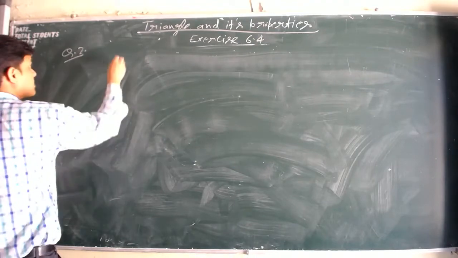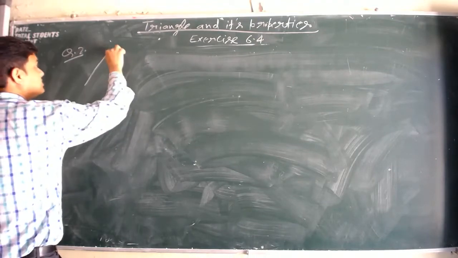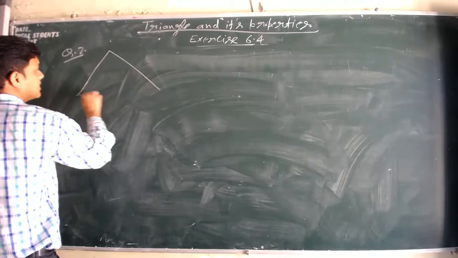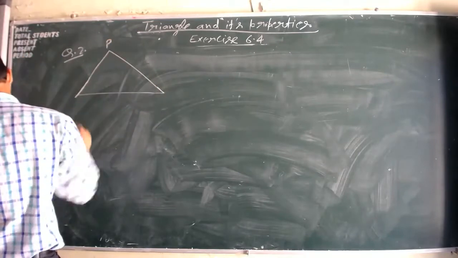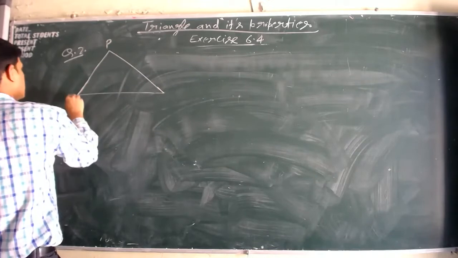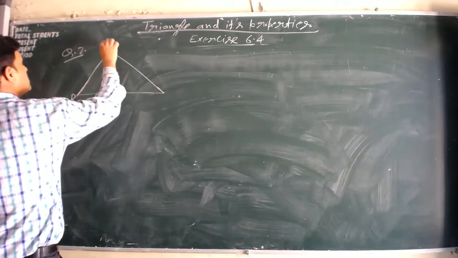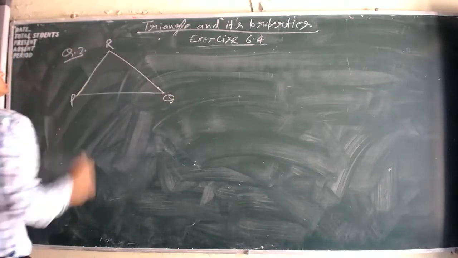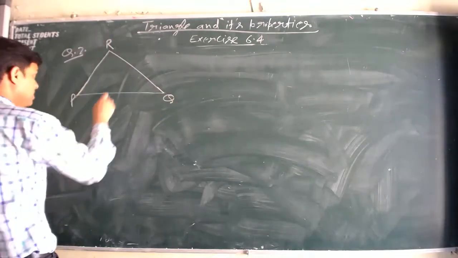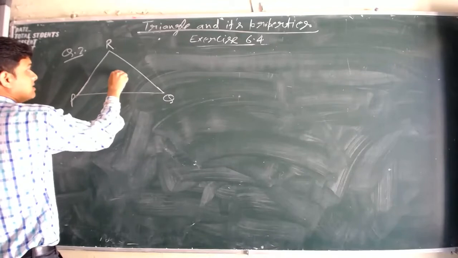Let's see. This triangle is given, a triangle with 3 sides. In it, this vertex is P, this vertex is Q, and this vertex is R, and a point O is given inside.